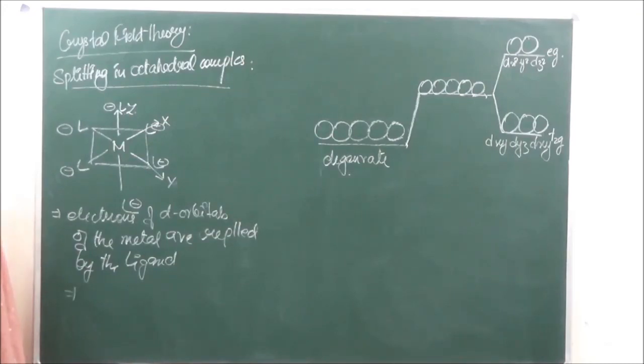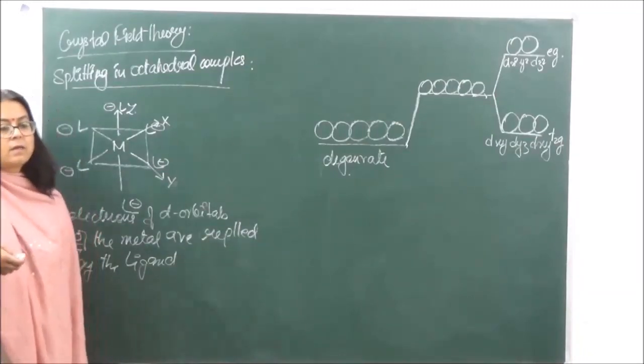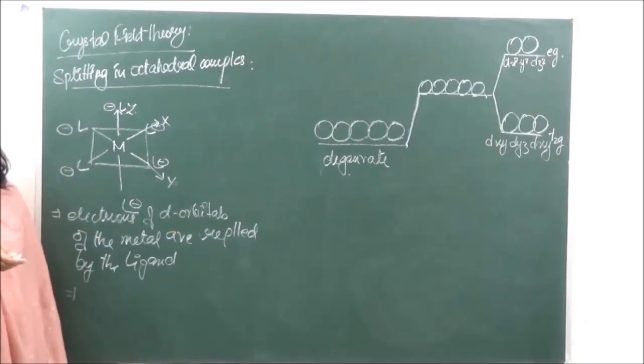Then next point, if an electron is nearer to the electron pairs of the ligands than in dxy, dxz or dyz orbitals, with lobes pointing in between the ligands, then the repulsion is going to be less.